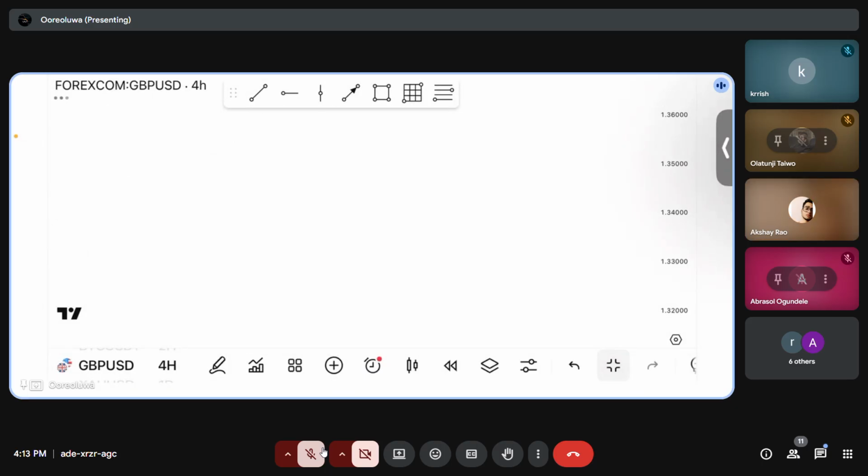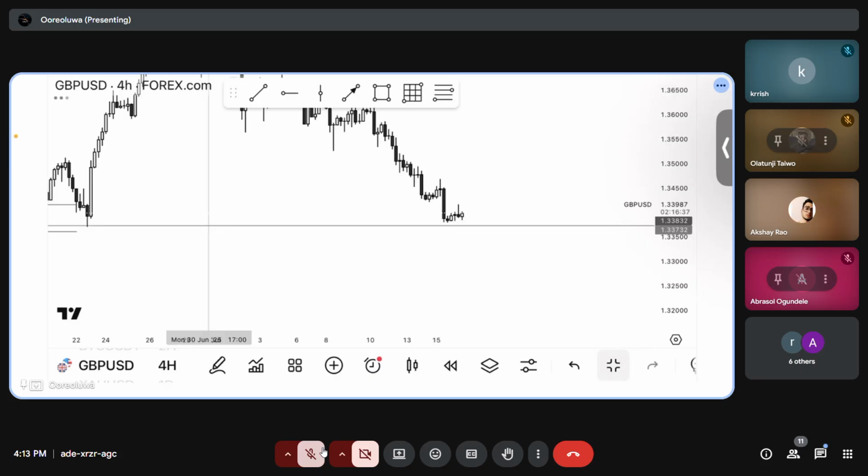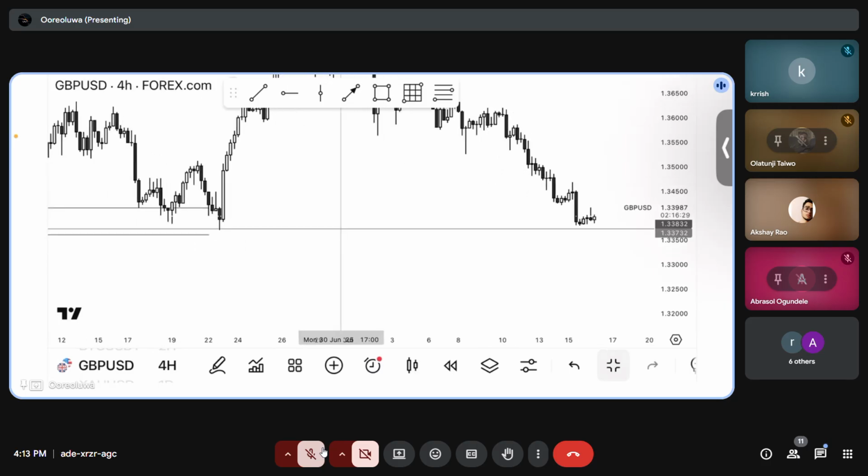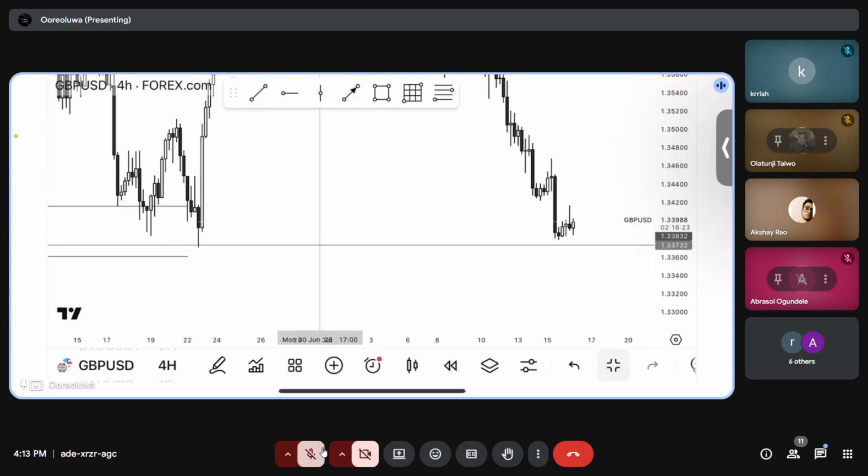So you mark the Asia, then you expect minus 1, 1.5, 2, and 2.5. You expect to see it around the key level, any of it. So you can place your stop loss in the next deviation. But if any of it is not in the key level, then you skip that day.